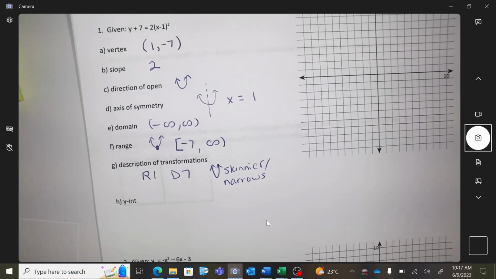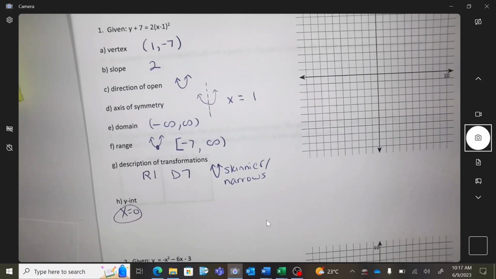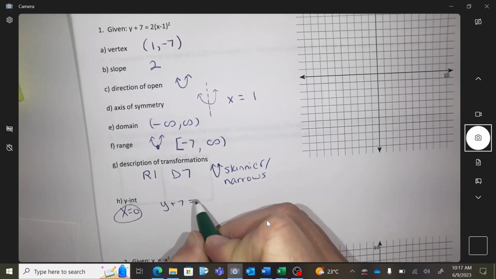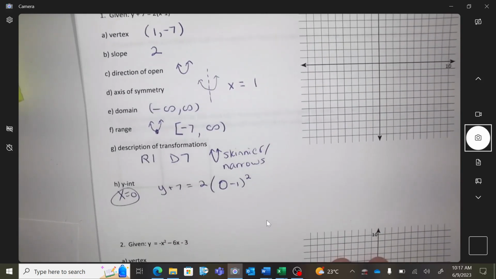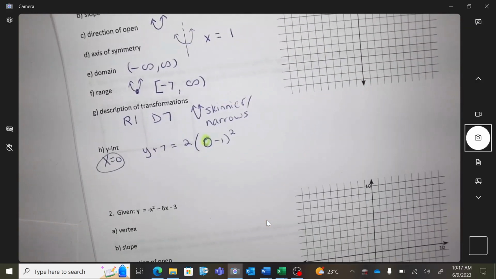And the y-intercept. So you're going to have to do some work here. What is a y-intercept? When x equals 0. So that's good that you know that. So plug that in. So there's me putting a 0 into the equation, and then math.